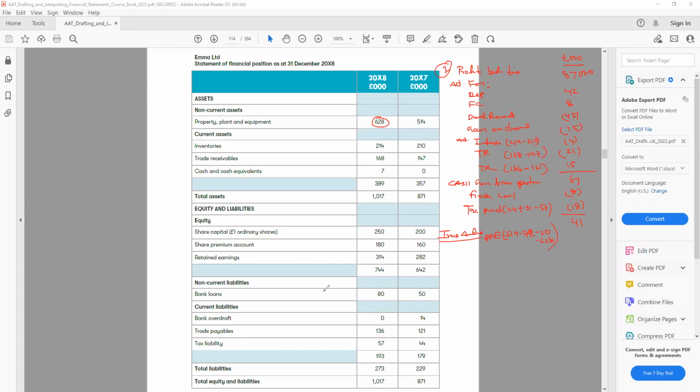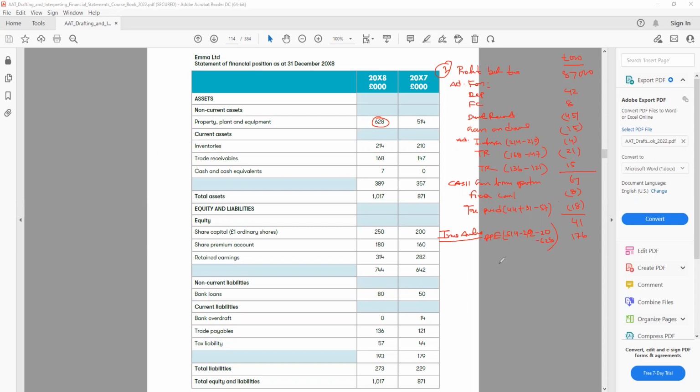That will tell us how much exactly we have paid to buy the new property, plant and equipment this year. So I have 514 minus 42 minus 20 minus 628, and that will give us 176.